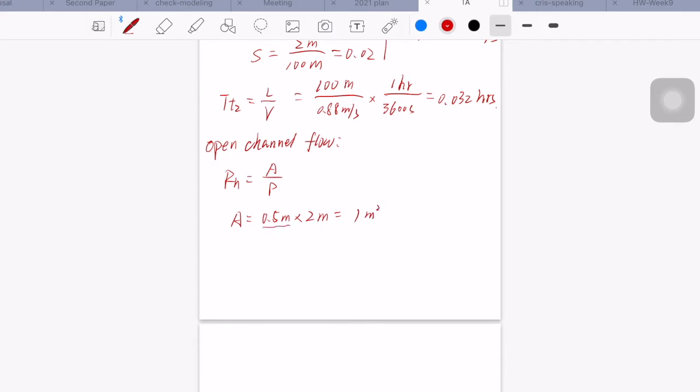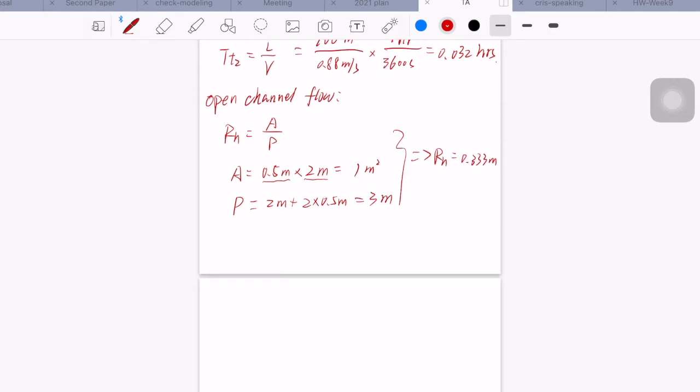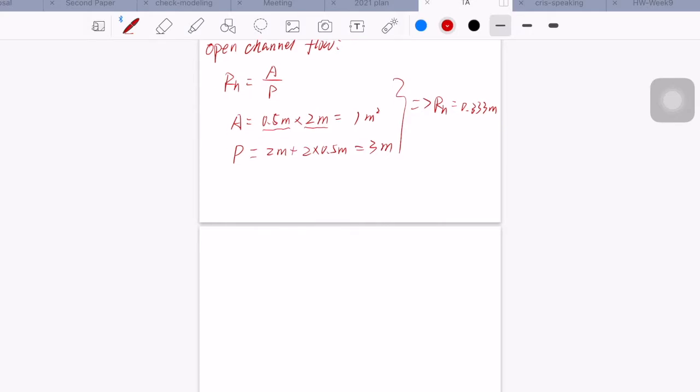This is water depth, and this is the bottom width. And the P, which is the perimeter, equals 2 meters plus 2 times 0.5 meters. So the P should be equal to 3 meters. And so we can determine that Rh should be equal to 0.333 meters.